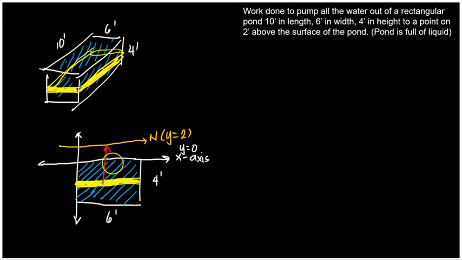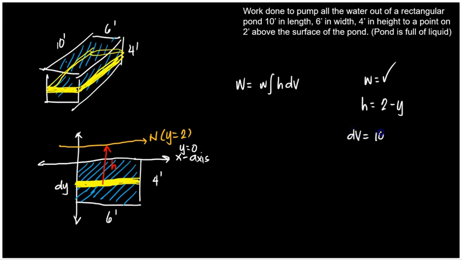So I'll draw the H, that's my H. This would be my dy. Therefore, just to set up the equation, W is small w, H dv, constant, and then H up to a point 2 feet, so that's 2 minus y, and then dv, since it's just a rectangle, 10 by 6 by dy, because dy, again, is differential height.